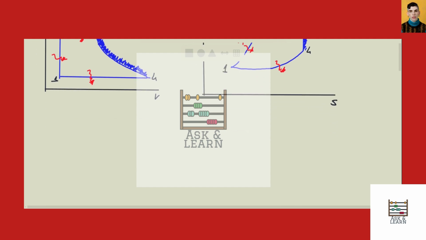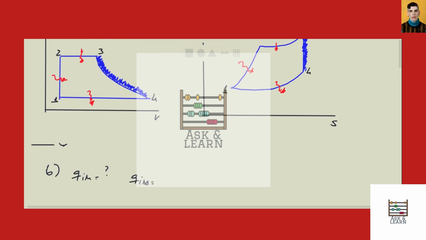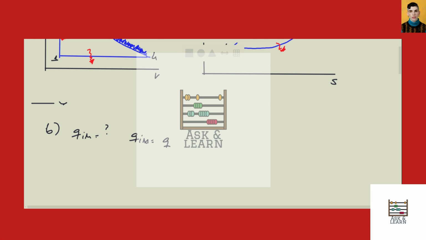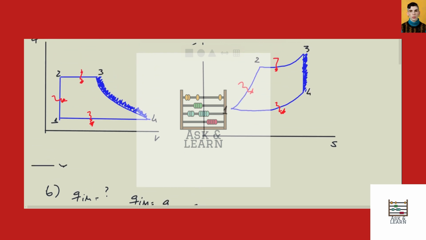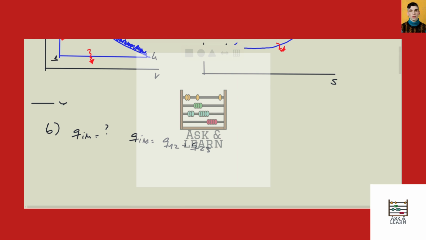Okay, so that's the first item. The second item of this problem, we have to find the heat input. And as we know, the heat input in this problem is the heat from 1-2 plus the heat from 2-3. The only way the heat enters the system. We know that 1-2 is 300.